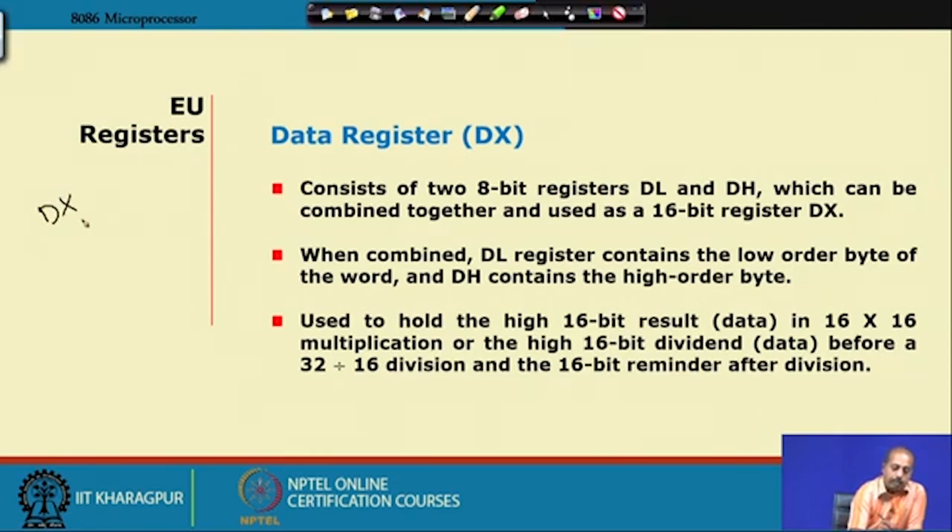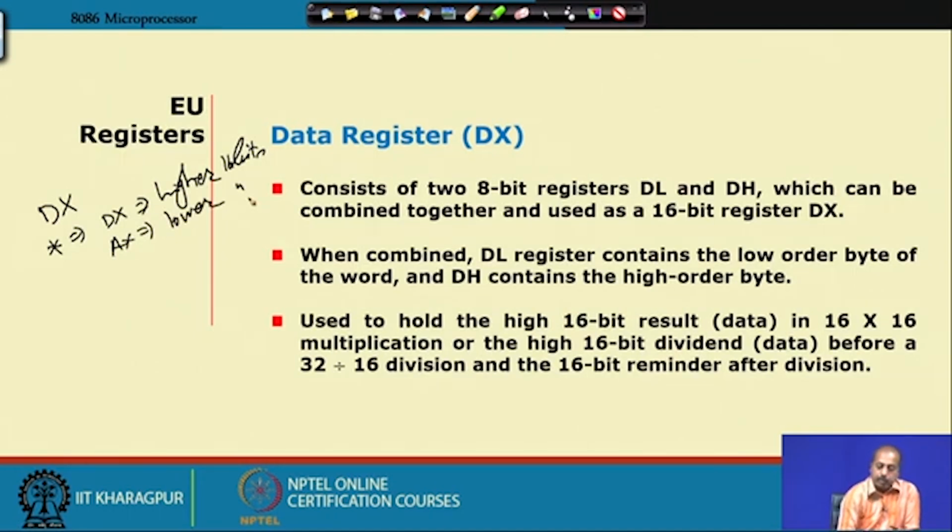For multiplication, DX will have the higher 16 bits, and AX will have the lower 16 bits. For division, we are going to divide 32-bit data by 16-bit data.